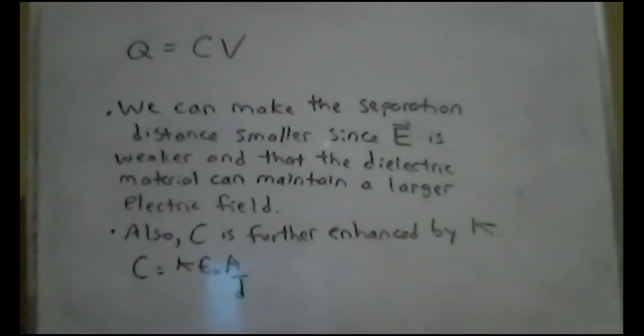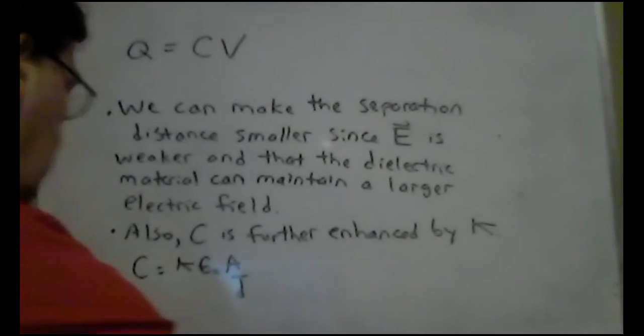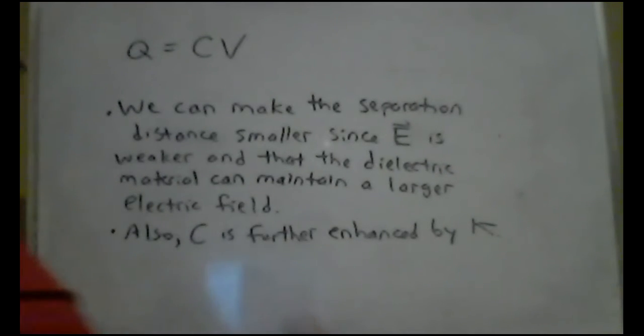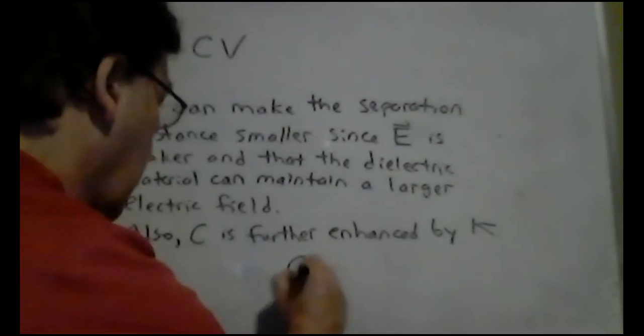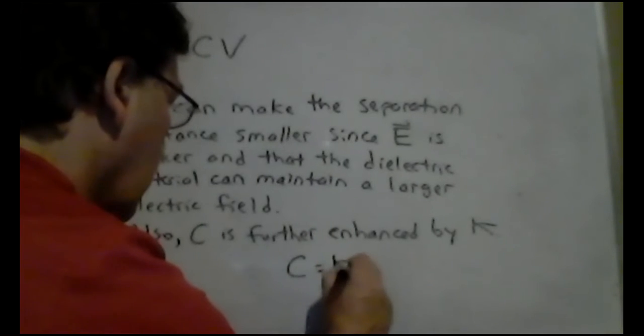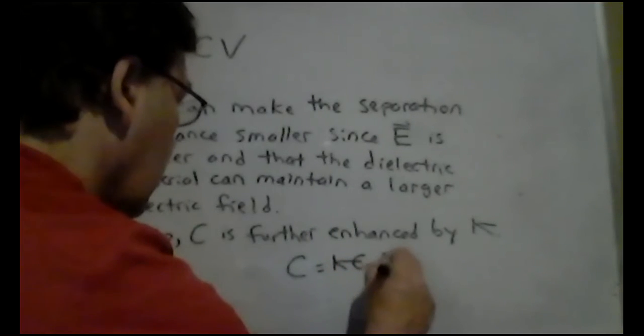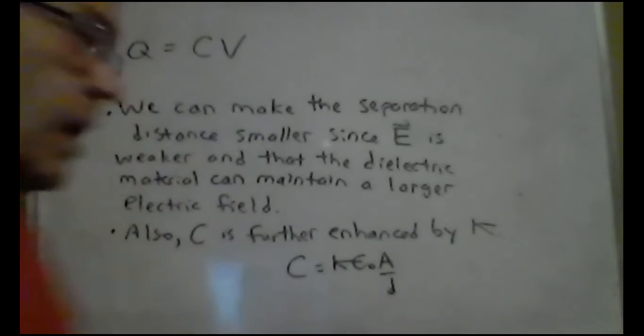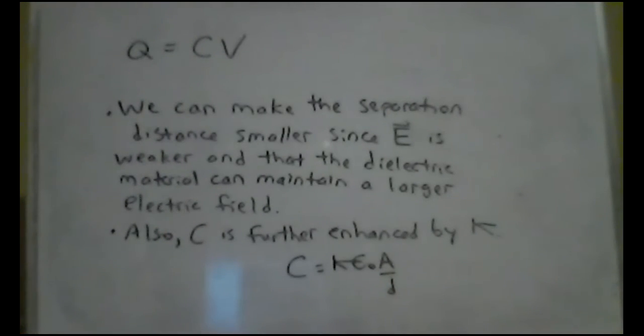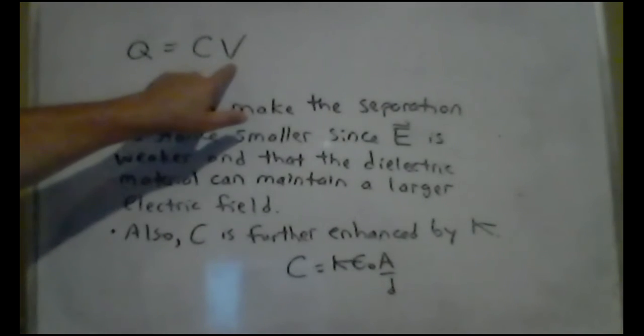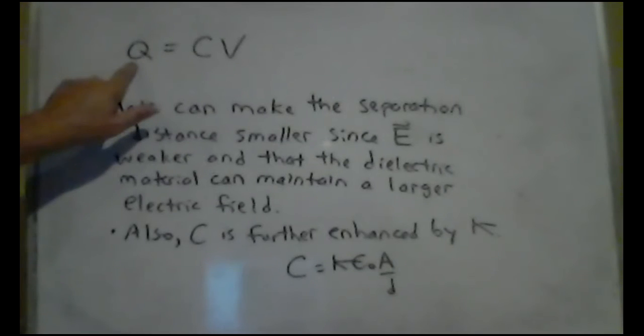So we have the ability to ramp up the capacitance. We can get as much capacitance as possible for a given potential difference, which increases the amount of charge.